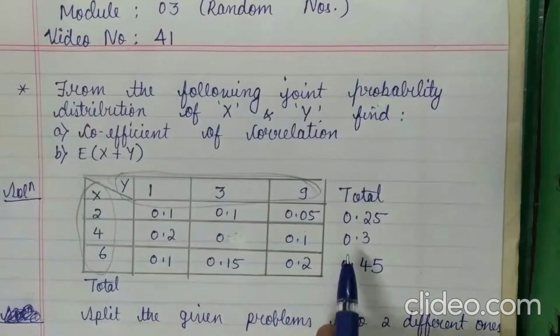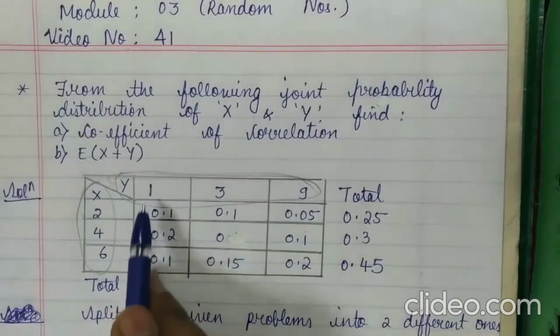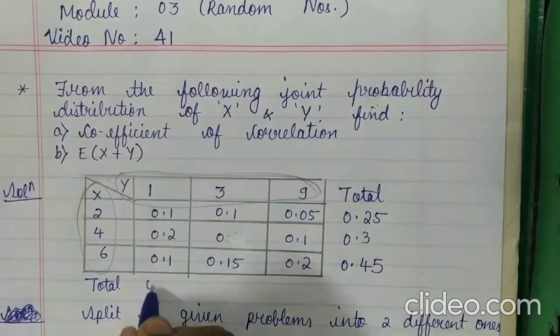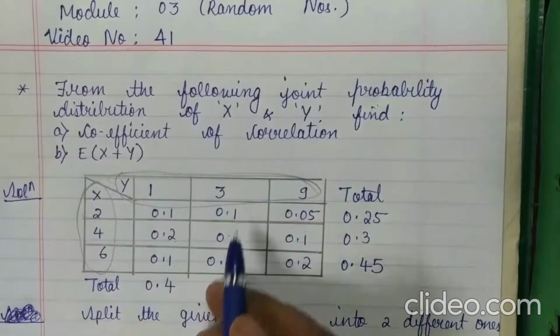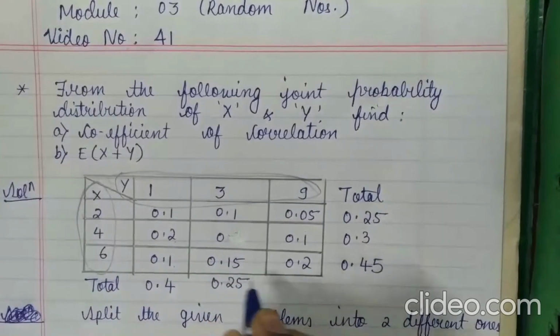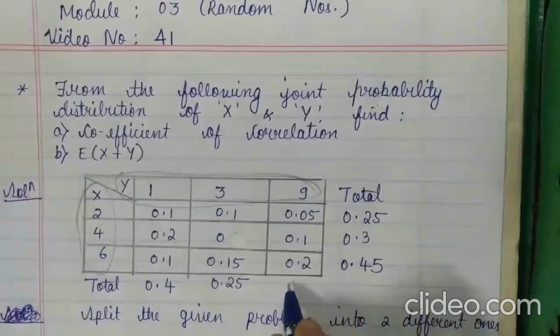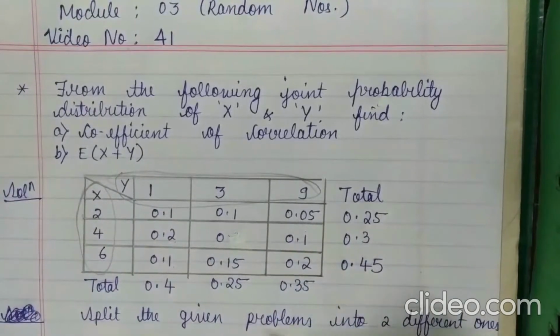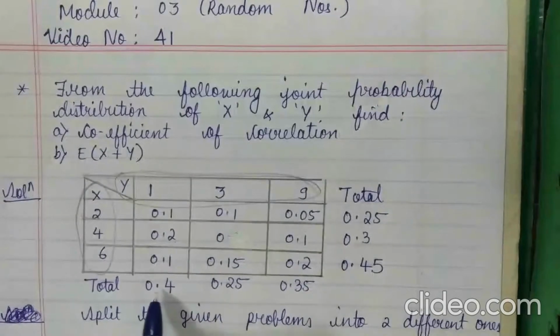Once you have got all this, now find out the column totals. 0.1 plus 0.2 plus 0.1 gives you 0.4. Similarly, add up this, you will get 0.25. Add up this, you will get 0.35. If you find out this total, it should be 1.